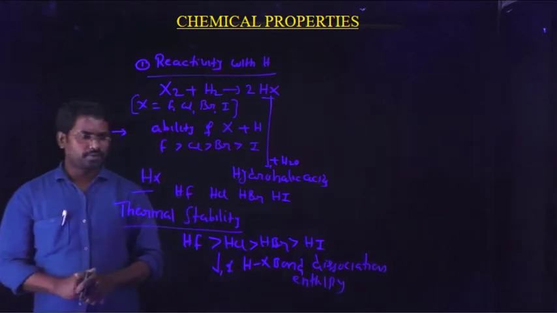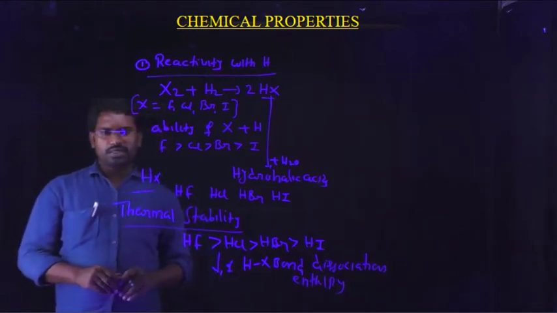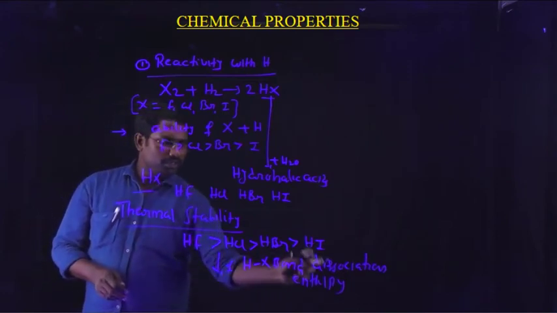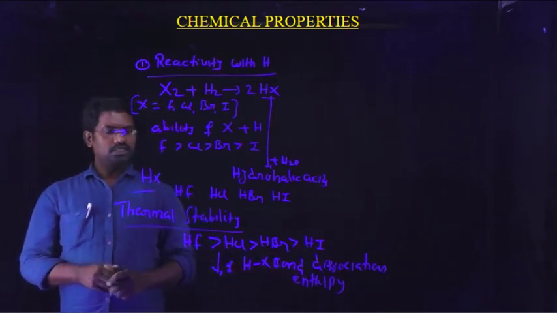So why does the thermal stability decrease from HF to HI? Because the HX bond dissociation enthalpy decreases from HF to HI.